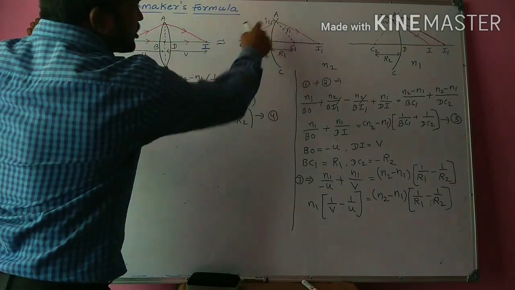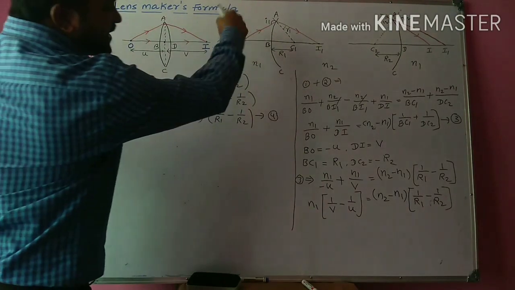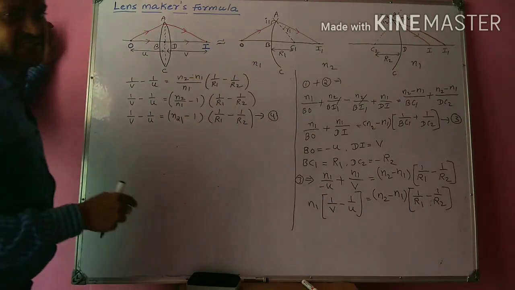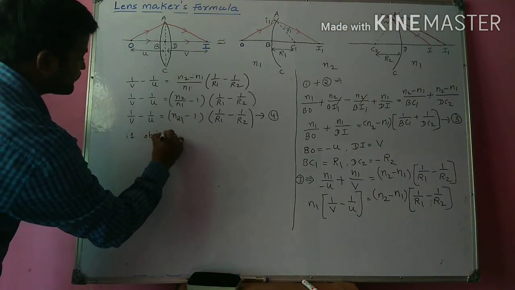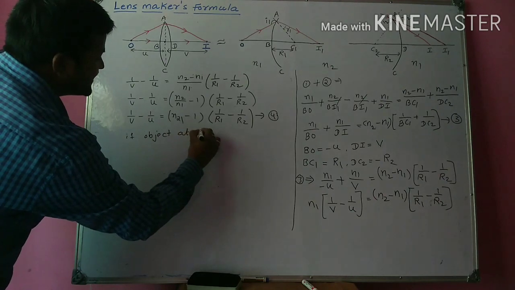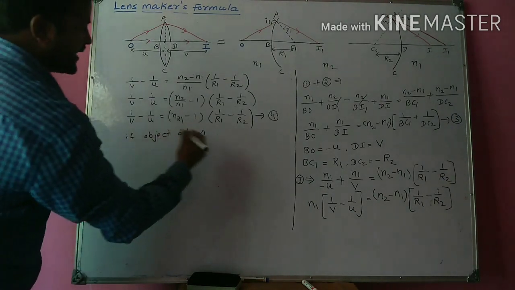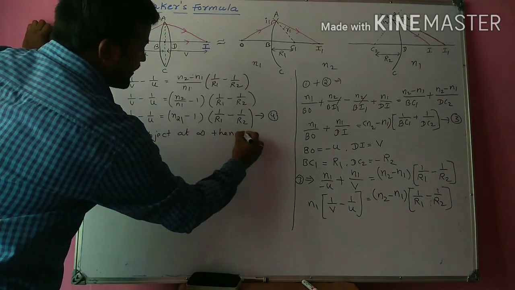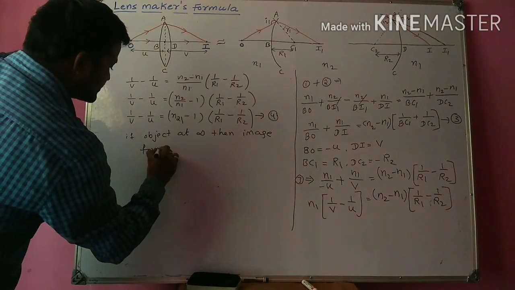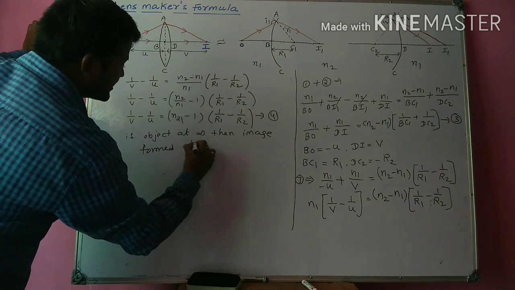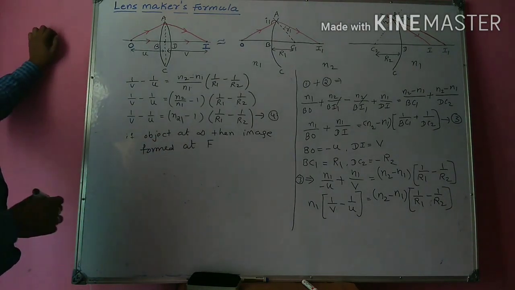That means if the object is at infinity, then the image is formed at F, that is the principal focus.